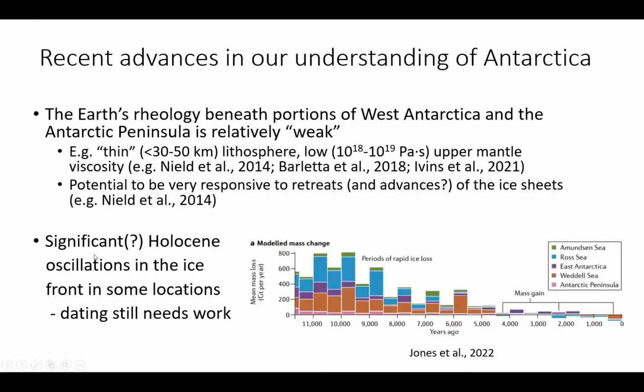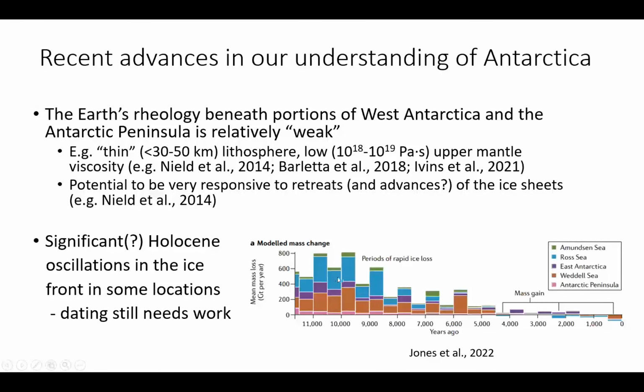So the second thing that we've learned that is important for my talk today is that Richard's recent paper here gives us an overview of some of these Holocene oscillations in the ice front at some locations. This is thousands of years ago, and this is mass loss from Antarctica.